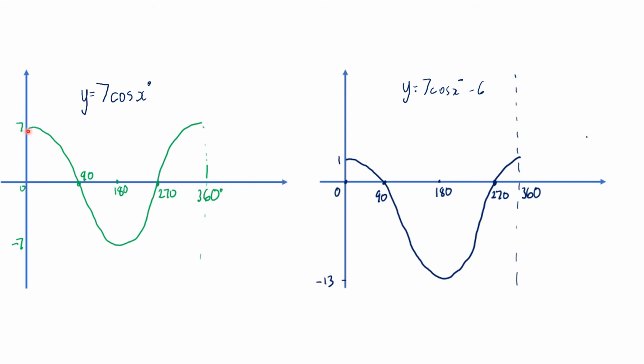But if we're subtracting 6, it's going to start at 1. 7 cos x has a minimum point at minus 7. So 7 cos x minus 6 is going to have a minimum point at minus 13. All the other points here stay the same, but everything is moved down 6 places. So this is the graph of 7 cos x minus 6.